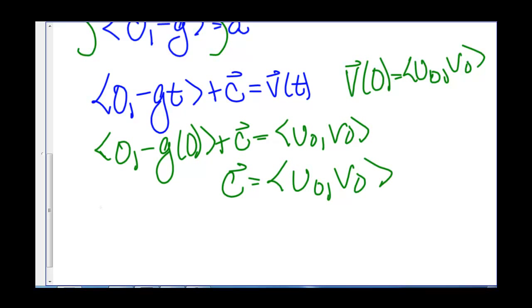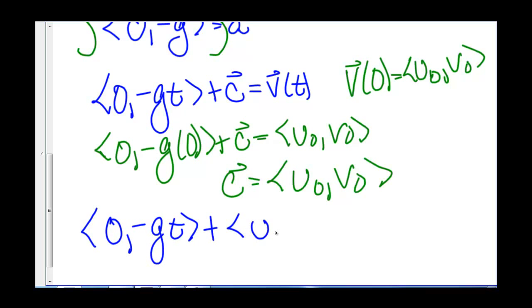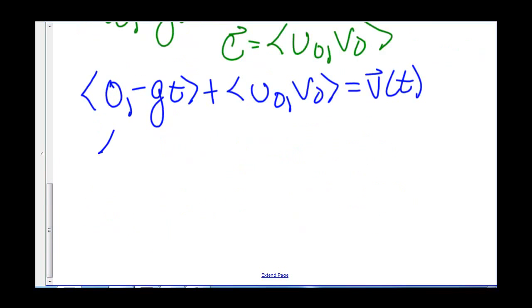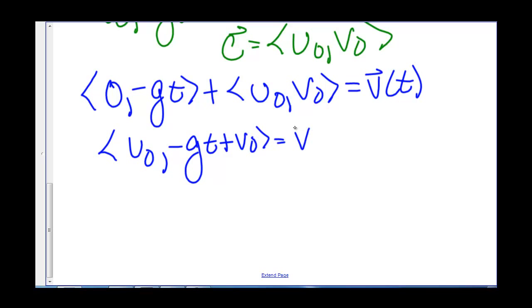So now, plugging that in for c, we have velocity equals the vector (0, negative g t) plus the vector (u naught, v naught) equals v of t. And combining those vectors, we get (u naught, negative gt plus v naught) equals v of t, which is what we had.